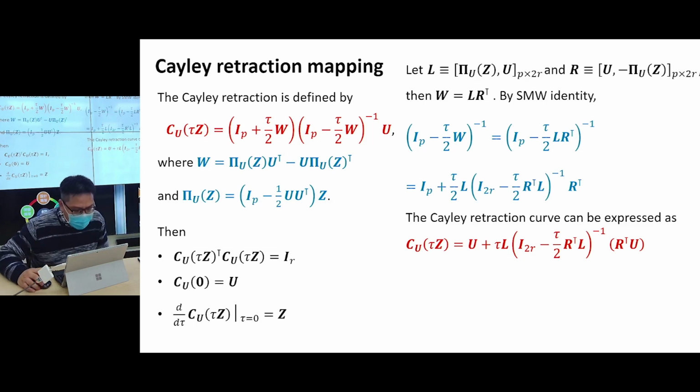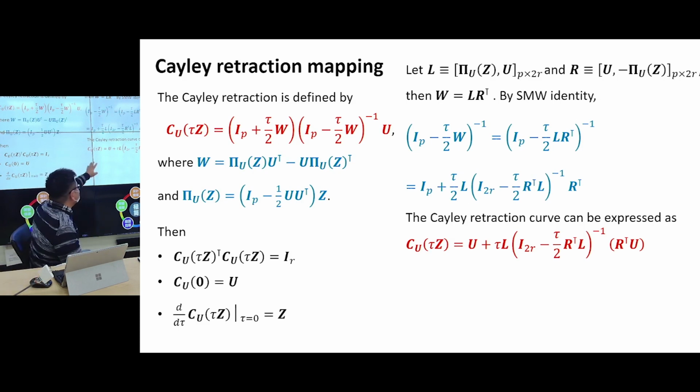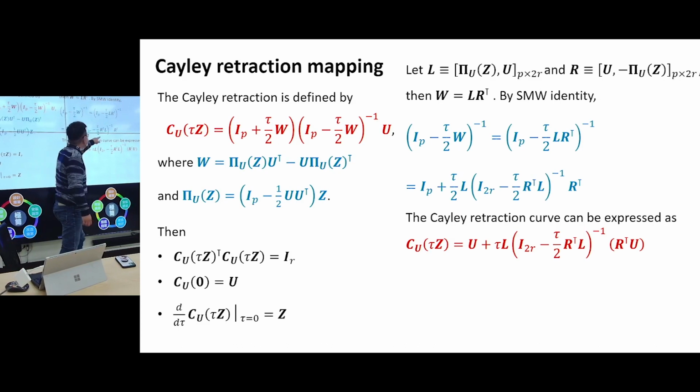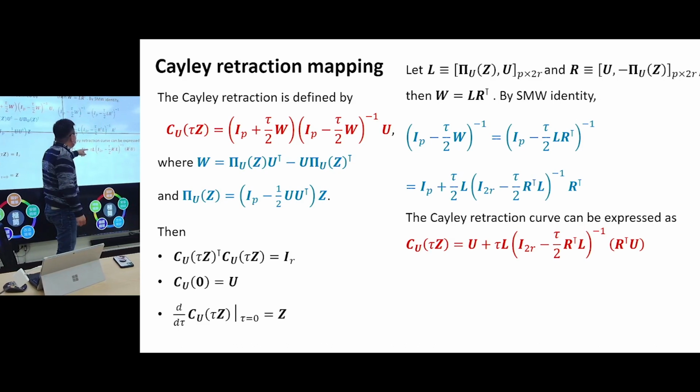By the Sherman-Morrison-Woodbury identity, the inverse of this matrix is equal to this equation, and this equation only contains the inverse of a 2R by 2R matrix. Our 2R by 2R matrix is small, so this is computable.